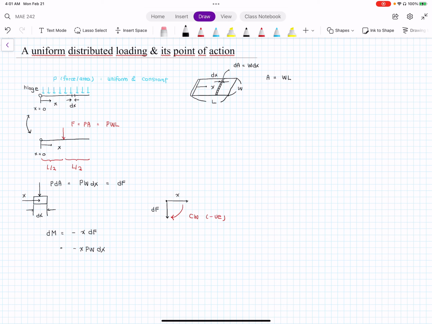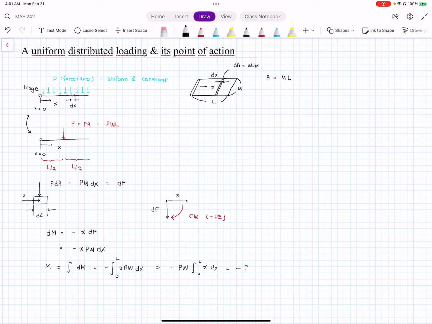Again, loading P is constant, and W is constant. So this is the moment generated on the small element. What is the total moment generated around the hinge? That's a simple integration of this moment over the entire plate. That's the integration of minus x P W dx. The integration variable is x, and x runs from 0 to L. All the constants can go out of the integral. So minus PW times the integration from 0 to L of x dx.